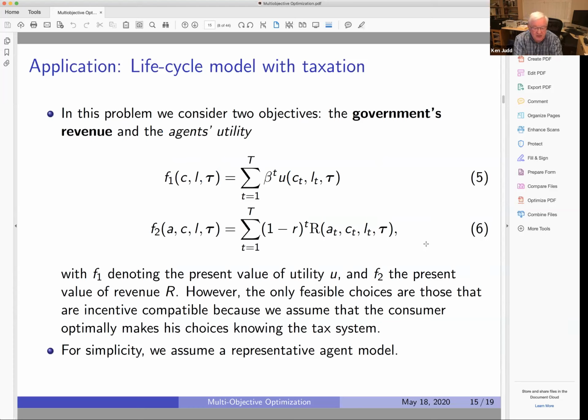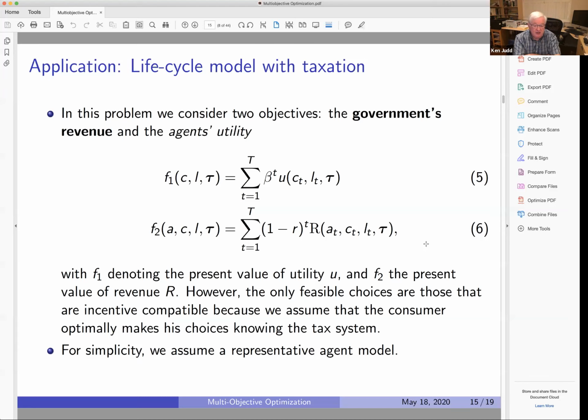Now, what we're going to do is an example. So I'm going to lay down a specific example of optimal taxation and then go through the four methods that I and my collaborators have used. So what we're doing here is a life cycle model with taxation.